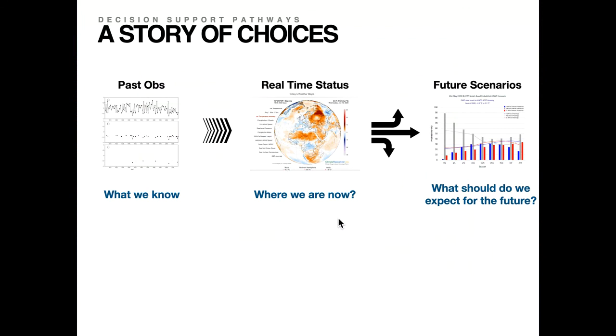Then we need something which is able to describe the real-time status. In other words, where we are now, in the specific moment in which we have to take some decision.